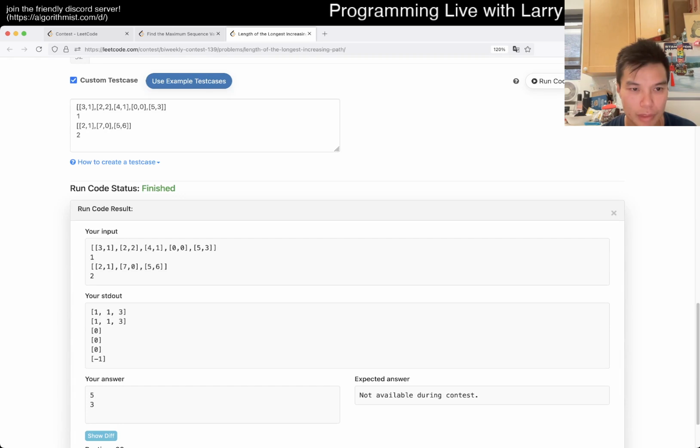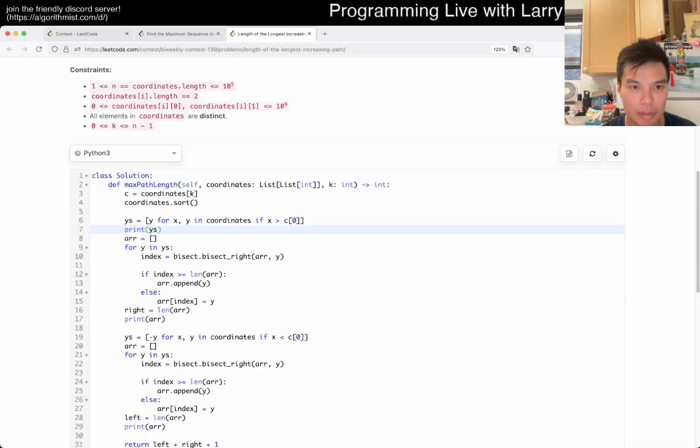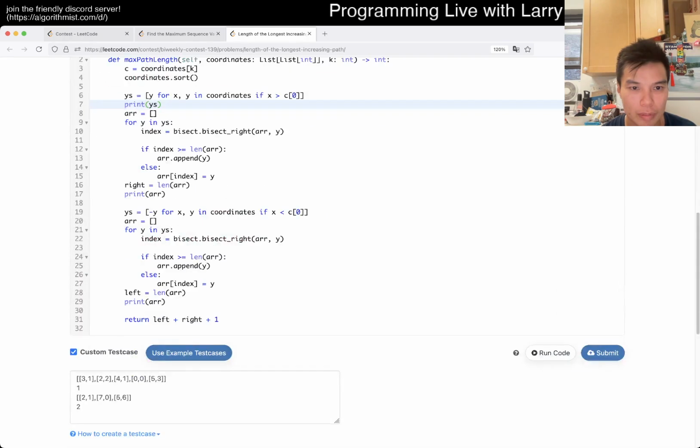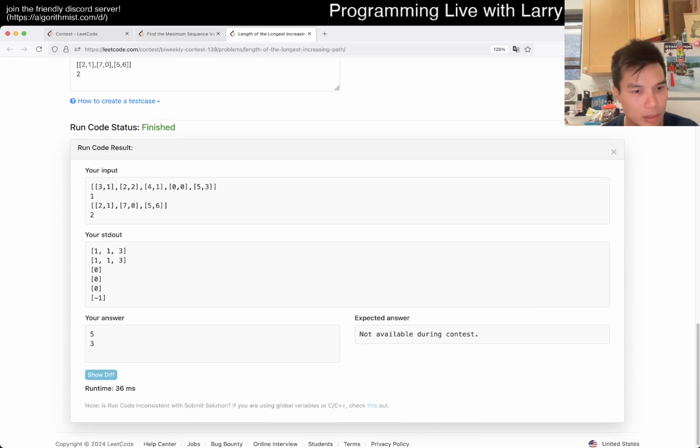So we have 1, 1, 3, so we have to be bigger than 2. This is backwards anyway, so I think the left side is wrong, but I'm overcounting, not undercounting.